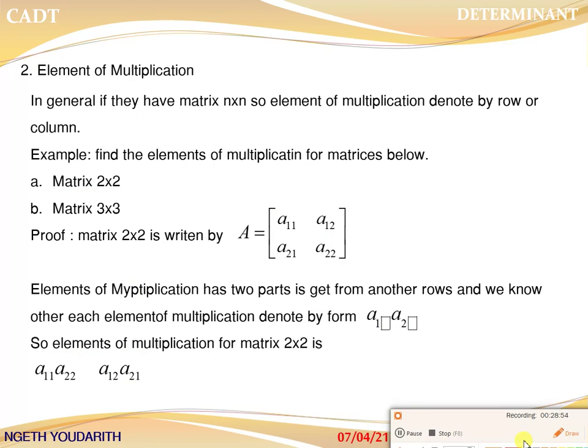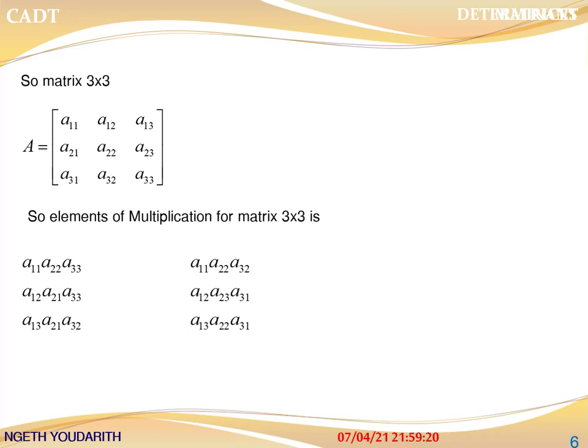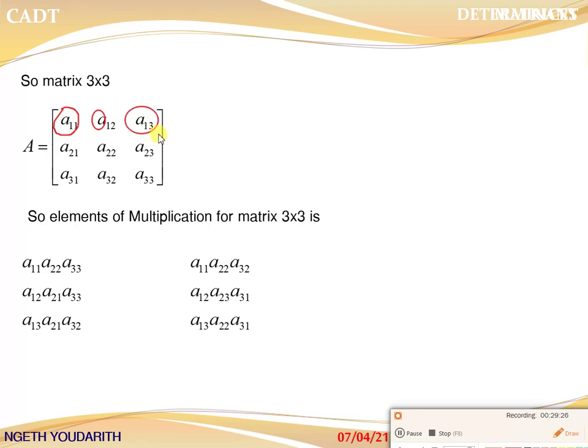And about matrix 3 by 3, this we have A11, A12, A13, A21, A22, A23, A31, A32, and A33.